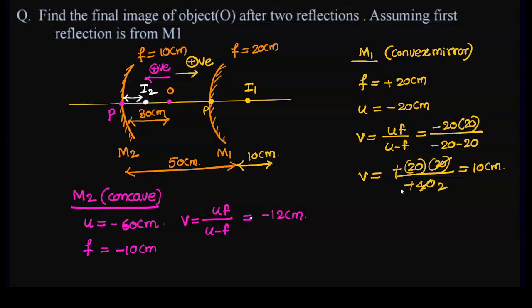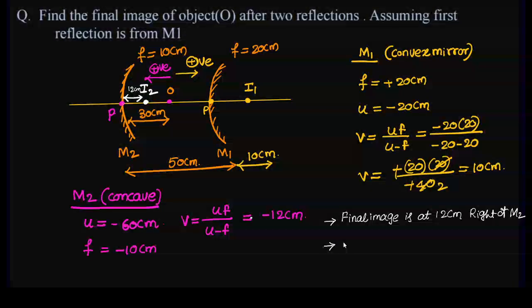Now you tell me how we can write the final image. The image is at 12 centimeters left of, right of M2.